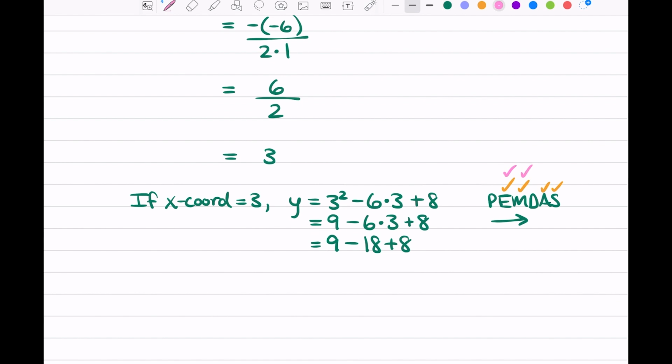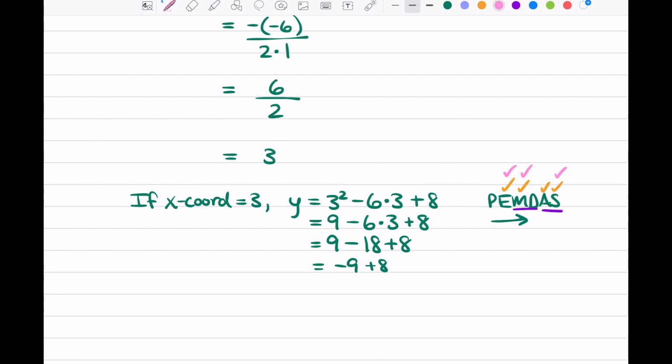Our M is done. Finally, we have addition and subtraction. So these two work as a pair, just as multiplication and division do. Whichever comes first, we do that first. So in this case, we have a subtraction sign first, so we'll subtract first. 9 minus 18 gives us negative 9. And we have our plus 8 at the end.